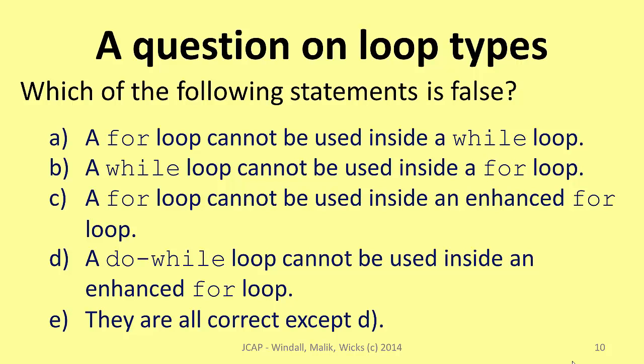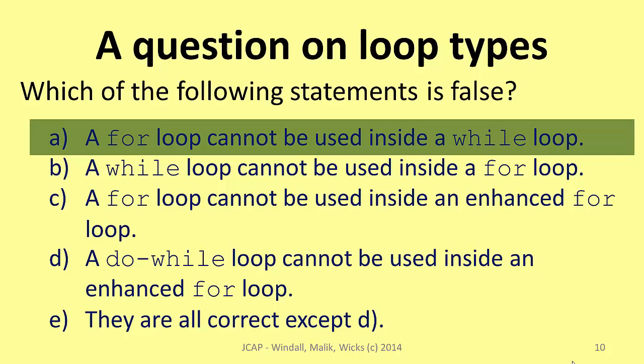Okay, ready? Well, let's look at part A. A for loop cannot be used inside a while loop. Well, that is false. You can use any kind of loop inside any other kind of loop, and as often as you like. So that one is false.